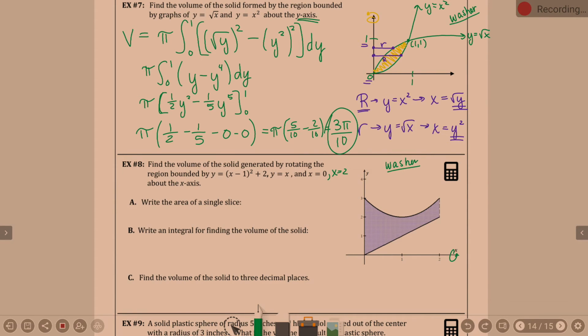Now, when they say write the area of a single slice, okay, so area is what we're integrating. So area is the area of that cylinder, that disc, or in this case, that washer, right? So basically, area is everything but the integral, if you want to go there. Now, for area, what do we need? We're going to need, of course, a pi, right? What else do we need?